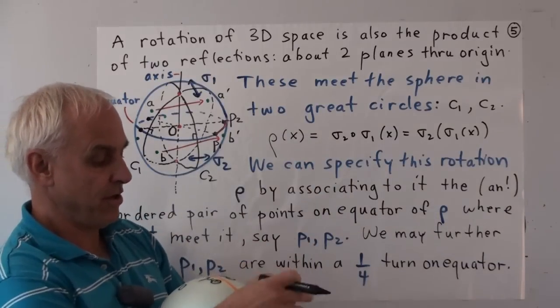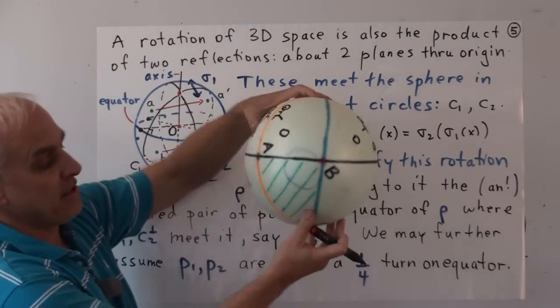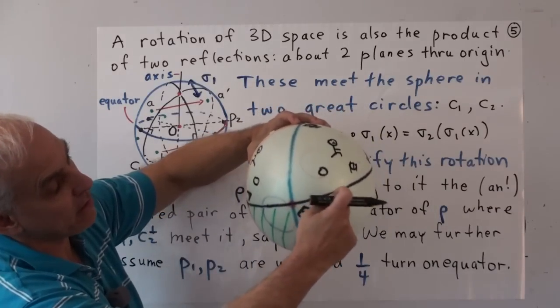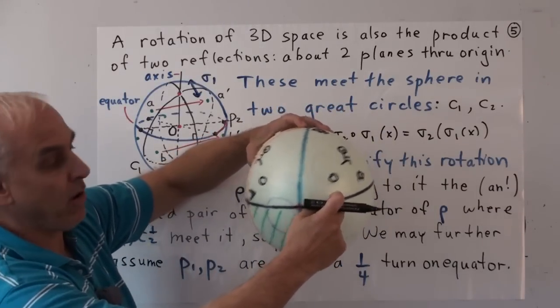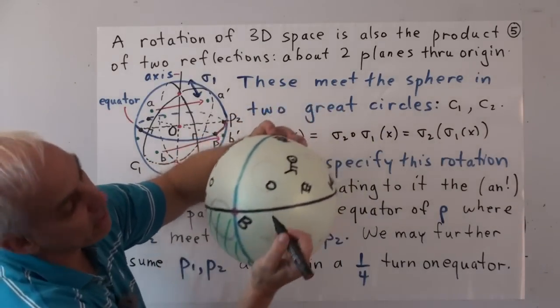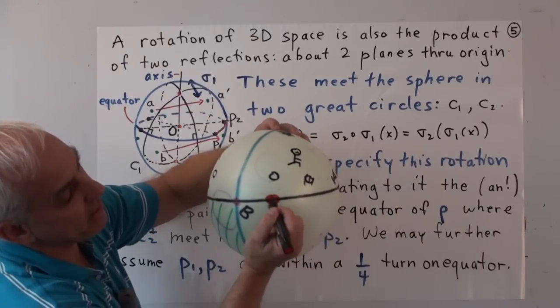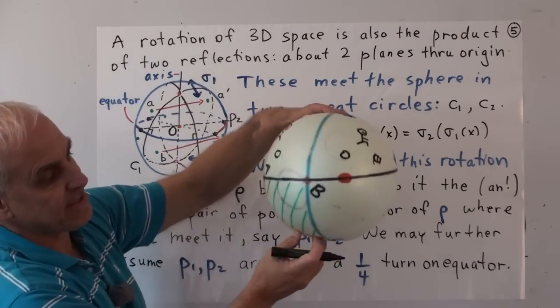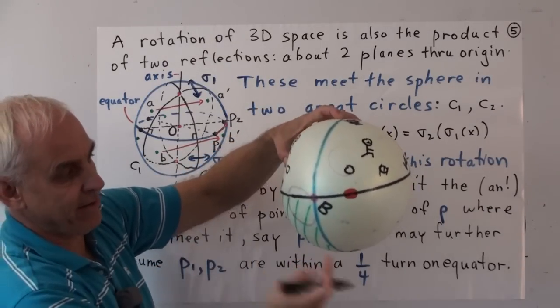Well, we could take our first plane, which is the orange one, and find a normal to it. So the north pole, essentially, of that great circle. Maybe that one, I'll make it big. That would be the first one there. All right? And then we're going to look at the second plane, which is the blue plane.